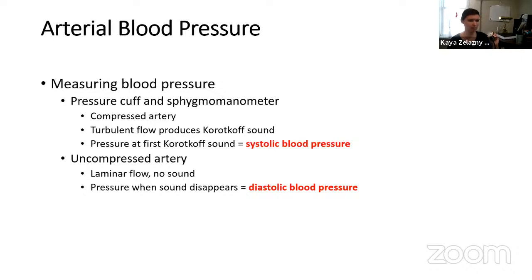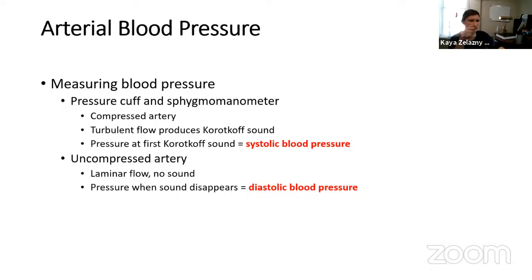Watch the dial, right? We're watching this sphygmomanometer to see what the pressure is as we're releasing pressure. At the same time, we have a stethoscope. We're listening, and we're listening right below the cuff. What we're listening for is when we can start to hear turbulence in the artery. So we talked about turbulence and sounds when we talked about the heart.